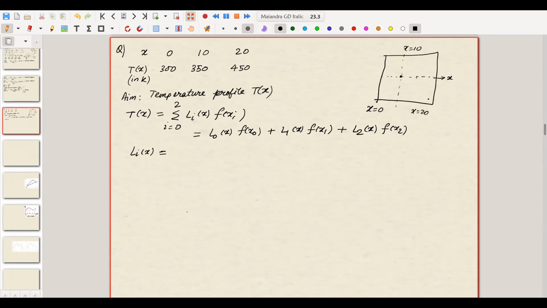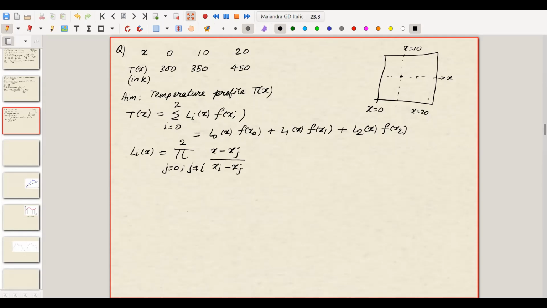Anyone volunteer? Okay, I will just write it if you can remember: product over j equals 0, j not equal to i, and since we have 3 points, I will go till 2, that is 0, 1, and 2. Then it will be x minus xj divided by xi minus xj.